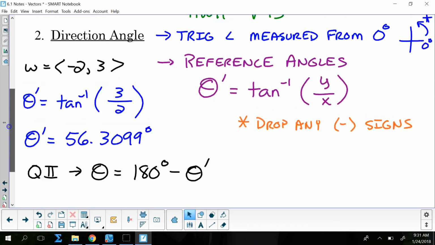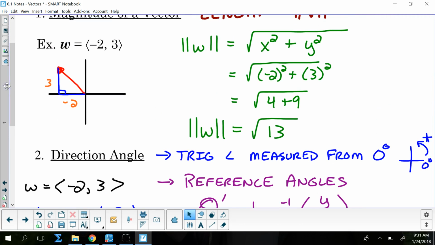If I go back up here to my actual vector, my reference angle is right there. That's my reference angle in there. I don't want that, I want my actual angle. My actual angle starts here and comes to there. That's my actual angle.